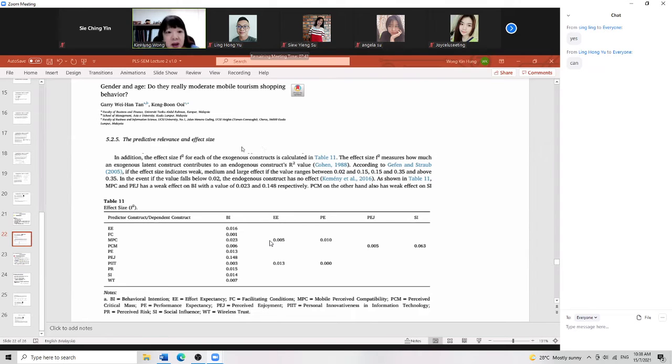So let's see here, MPC to BI, 0.023, okay? This one is above, okay? 0.023 and 0.14, okay? All right?